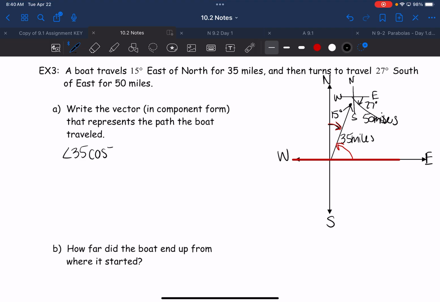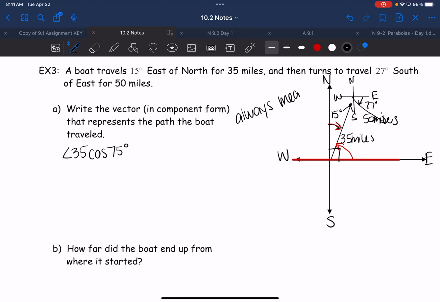So this would be 75 degrees, because we always measure from the x-axis. And we know that because this is a 90-degree angle. We just subtracted 90 minus 15 to give us that 75. So you might want to make note of that.